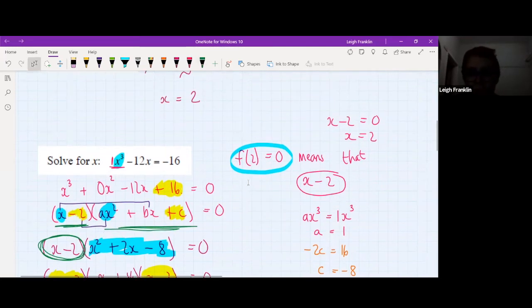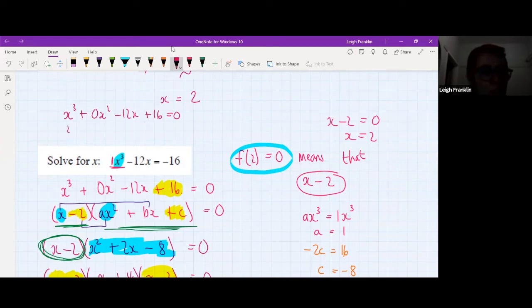So what someone has done on the calculator is this. In standard form, we've got x cubed plus 0x squared minus 12x plus 16 equals 0, and we are subbing in 2.